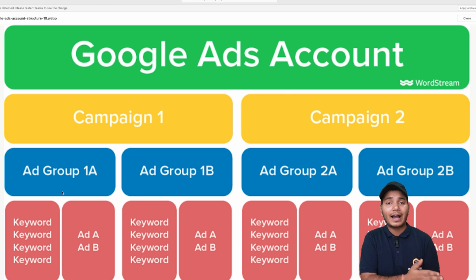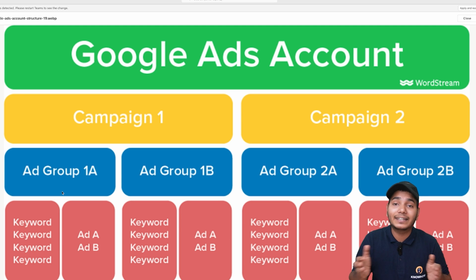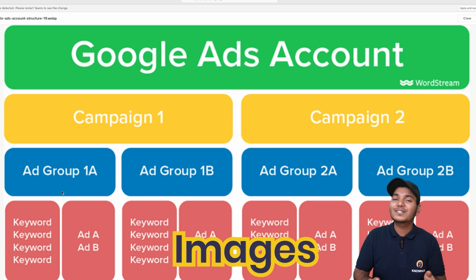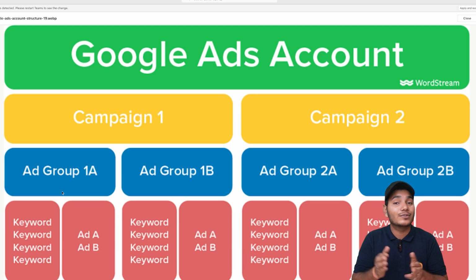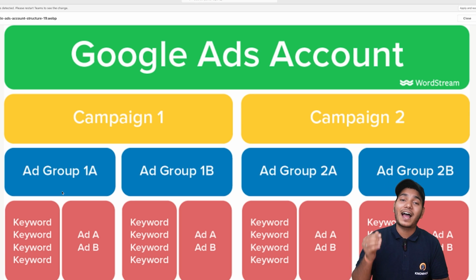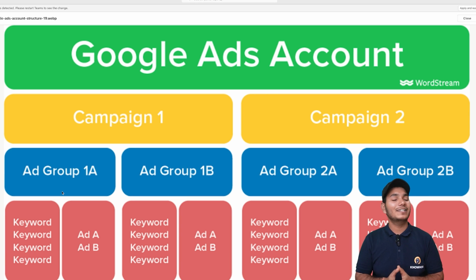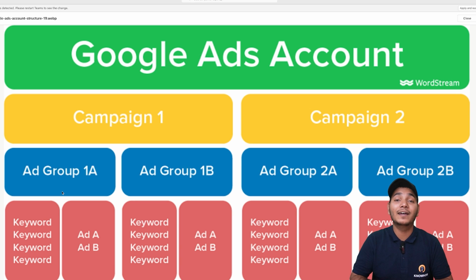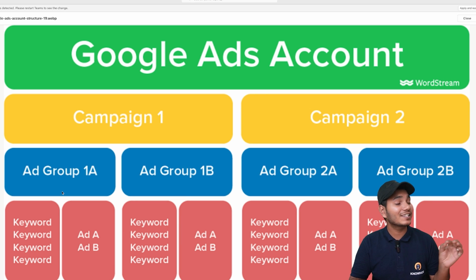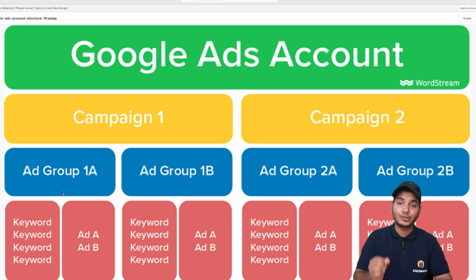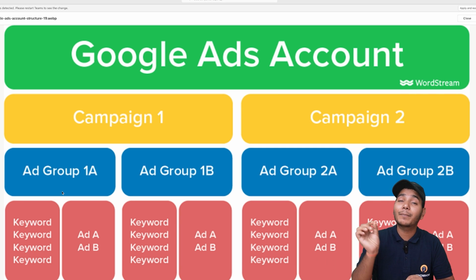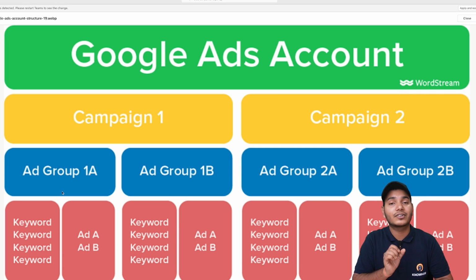And when it comes to ads, these are actual creatives like the text, images, or videos that appear to users. Each ad group can have multiple variations of ads to test and optimize performance. So in this diagram, the keywords and ads are linked to their specific ad groups, ensuring users searching for a particular keyword see the most relevant ad.